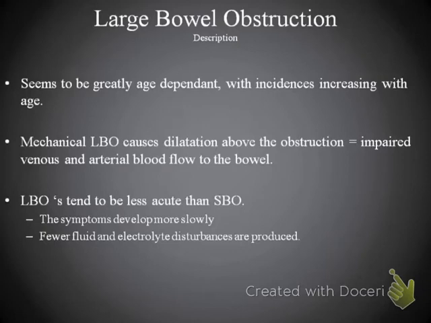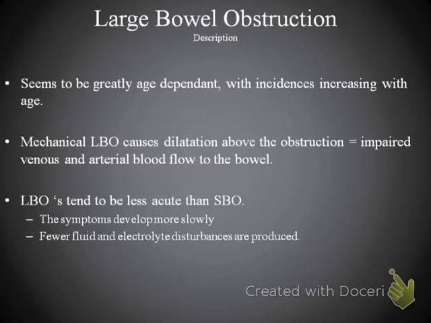With small bowel obstructions, we have the potential for strangulation, and it seems to be less prevalent among large bowel obstructions because there is some underlying cause existing inside of the colon. Many times small bowel obstructions are the ones that require immediate surgical care, whereas large bowel obstructions do require intervention, but the situations are not usually as dire.